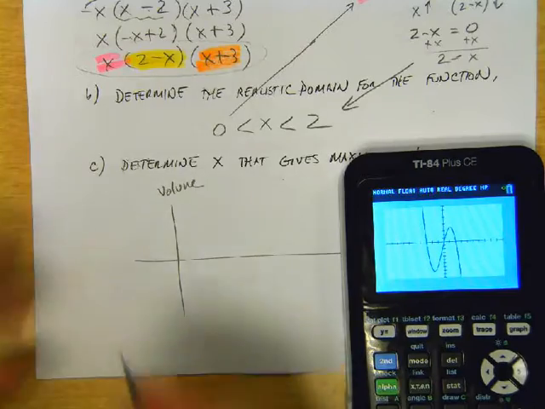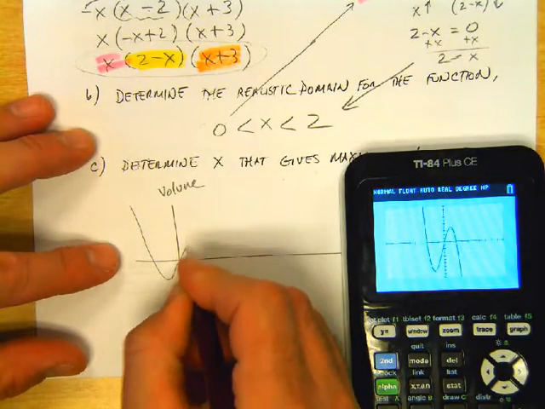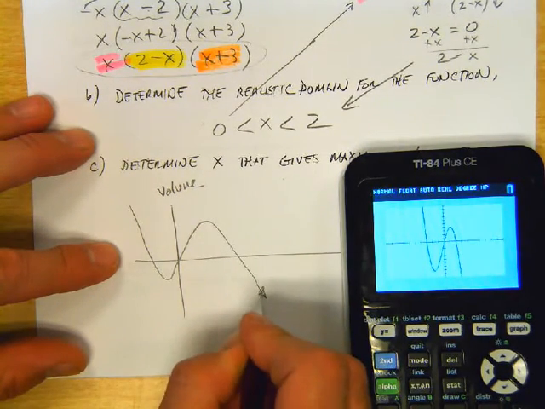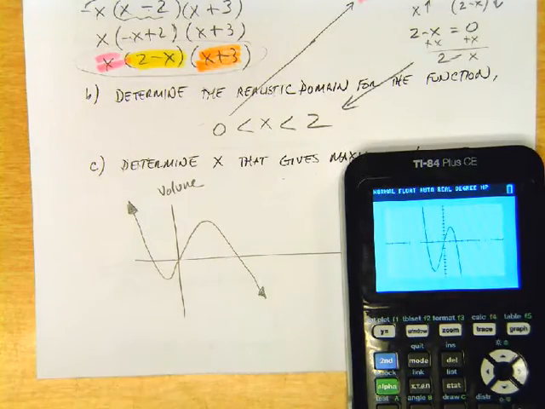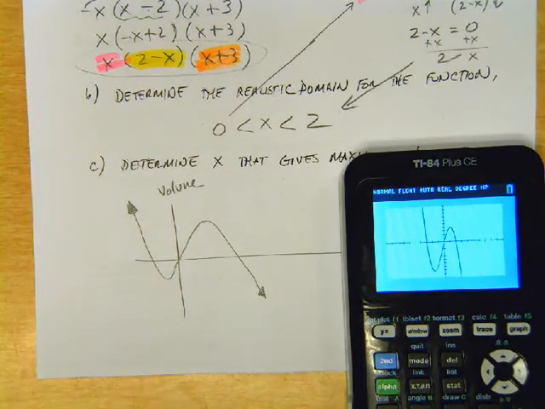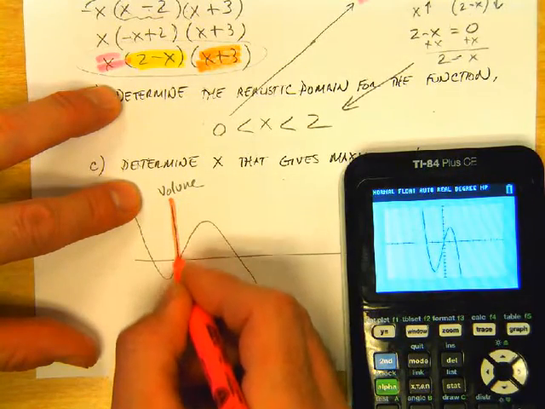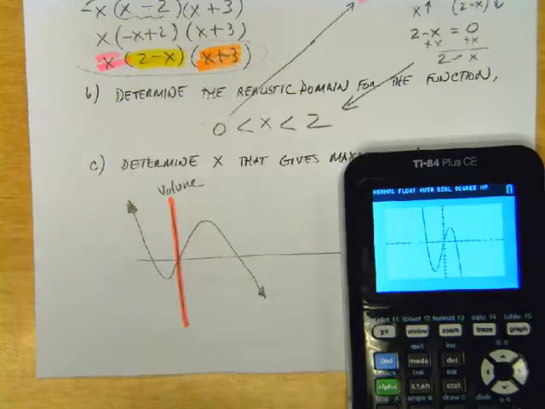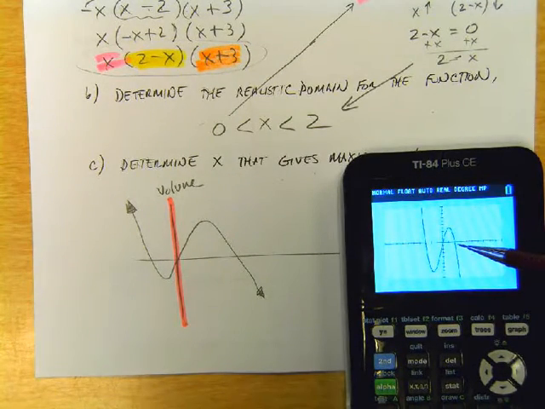And get a graph that looks like that. Now we said that we need to find an answer between x is 0 and x is 2. And if I look at this graph right here, it looks like there's an x-intercept at 2.